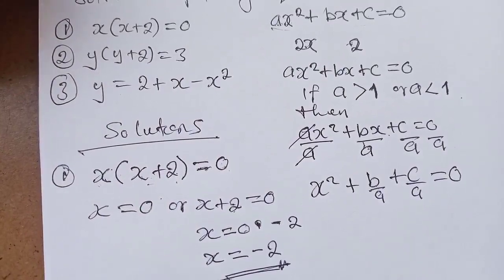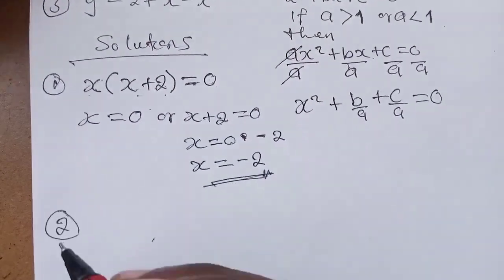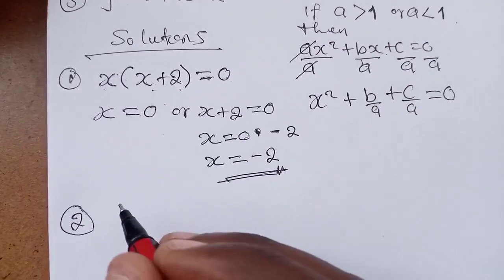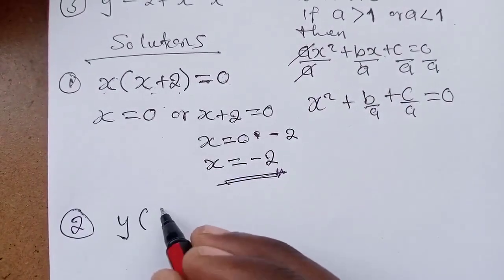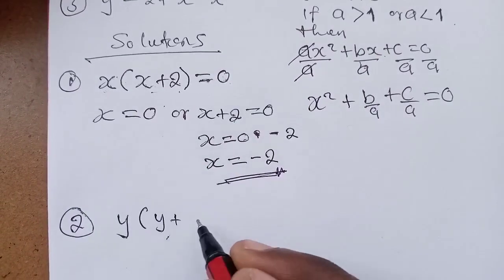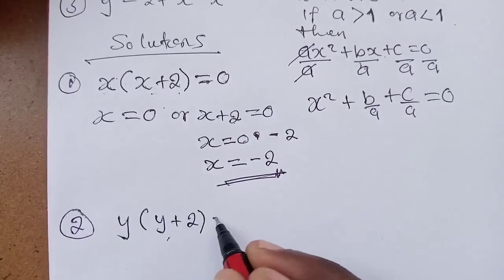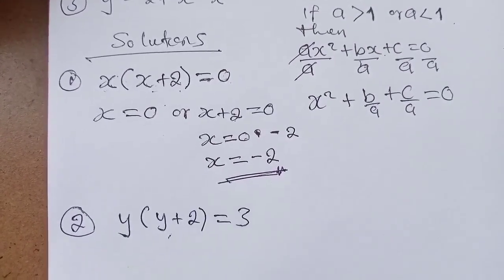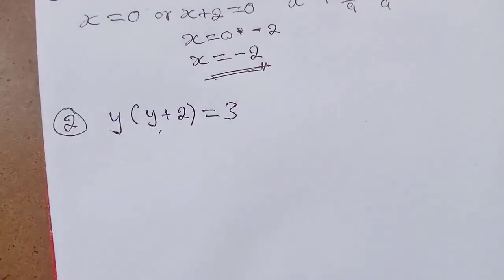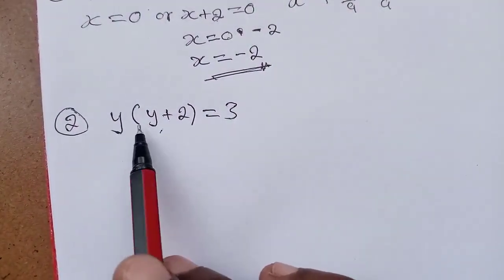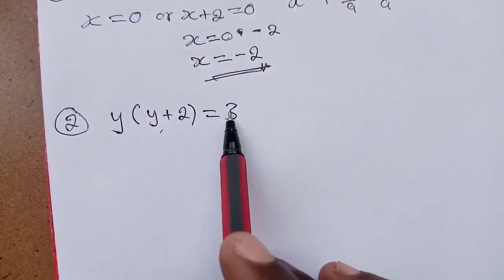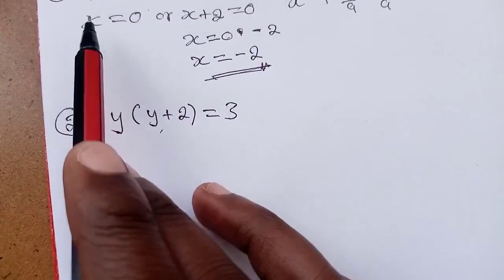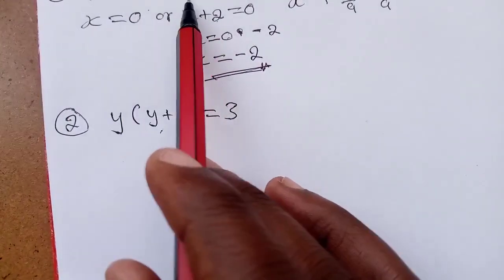So the second question is number 2. They are saying that y multiplied by y plus 2 is equal to 3. I said that these are two variables, right? If they are equal to 0, you equate them the same way we have been doing.